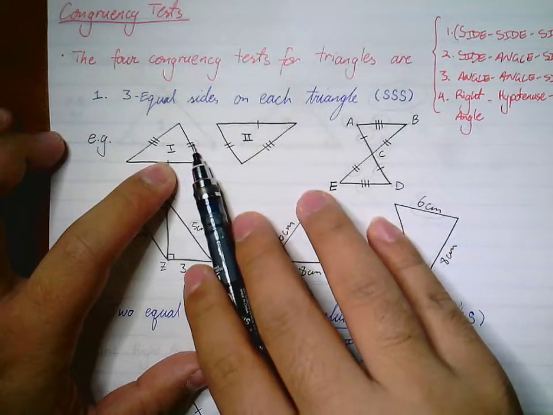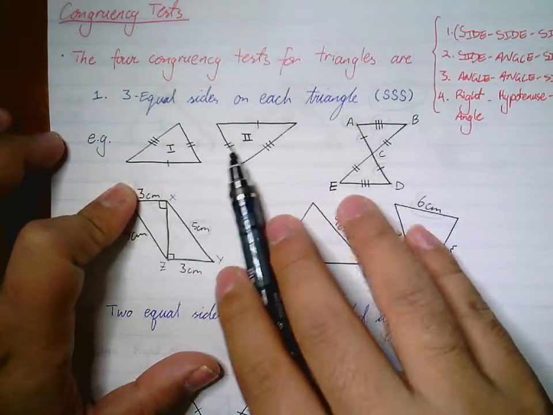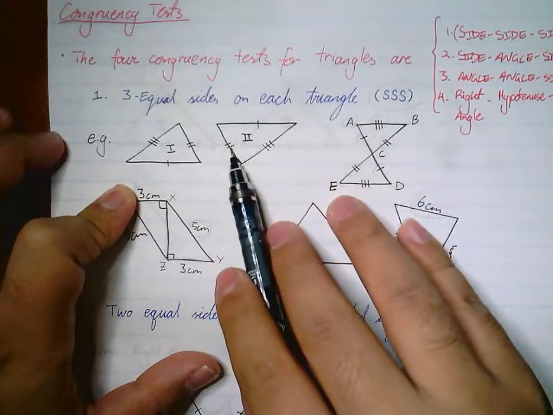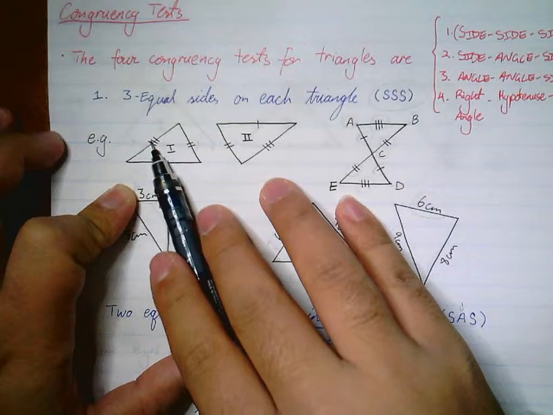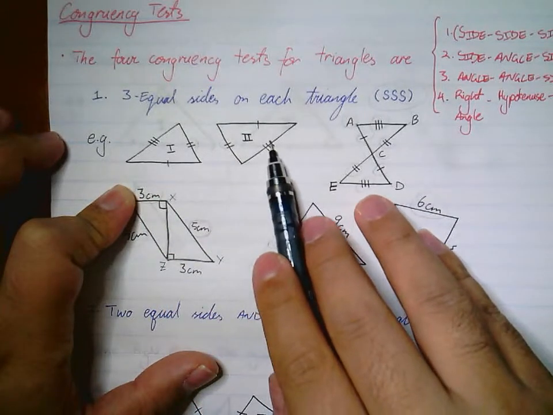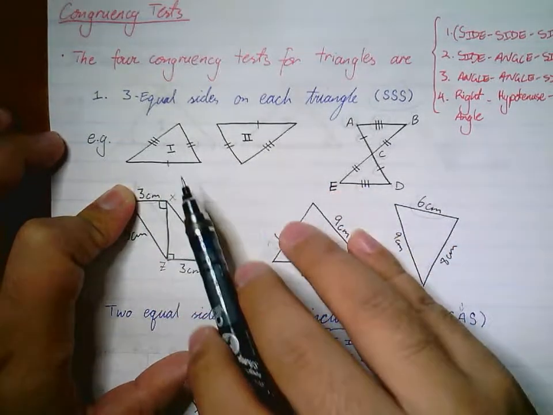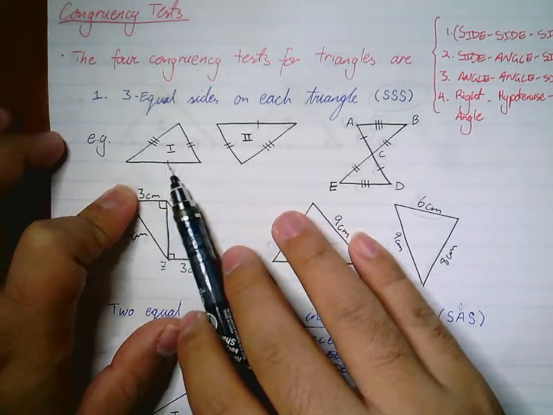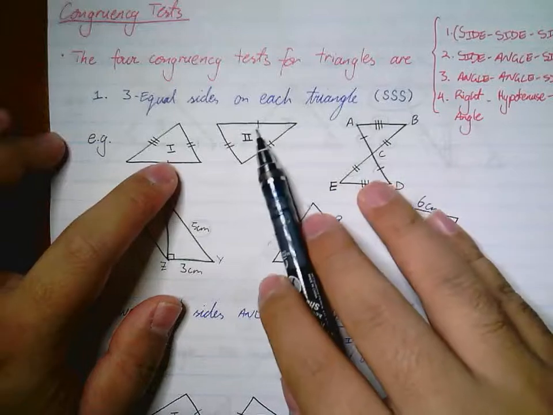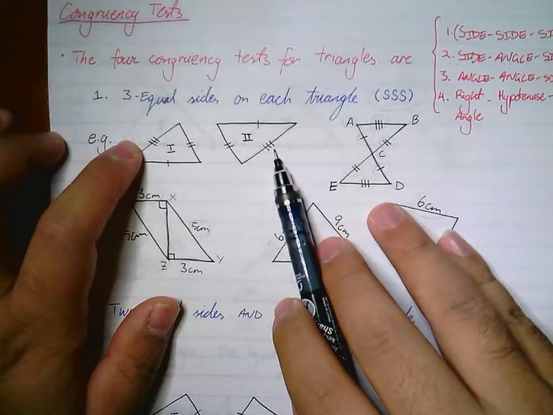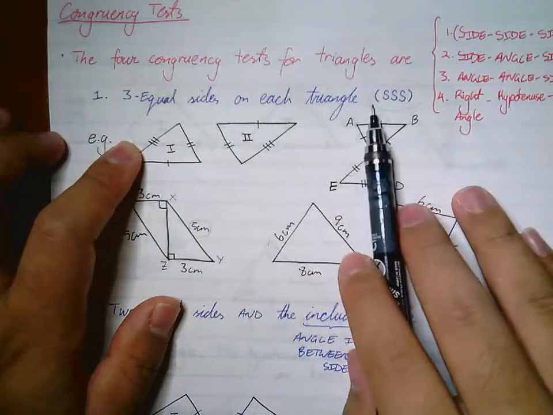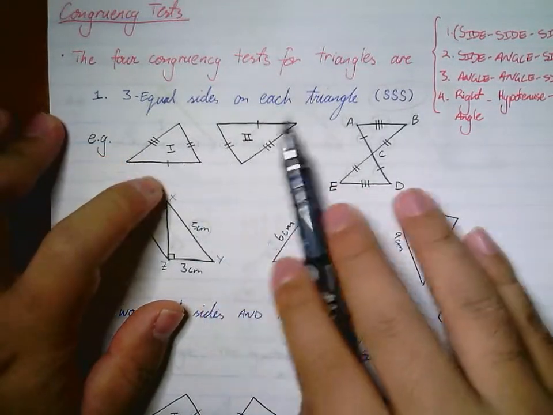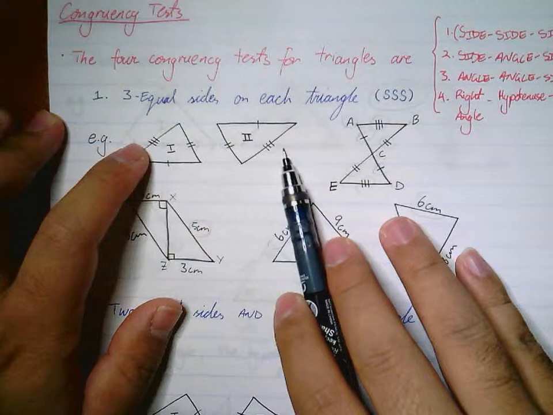We have a double dash in this triangle, and we have a double dash in this triangle, so it tells us that this pair are equal. And we have a triple dash here and a triple dash there, so it tells us that these two are equal. As a result, we have three pairs of equal sides: 1, 2, 3. So this fulfills the test of side, side, side, because we have one side, two sides, three sides.